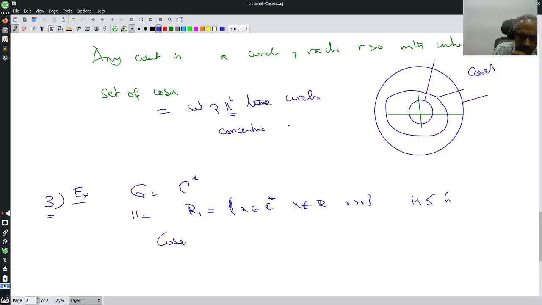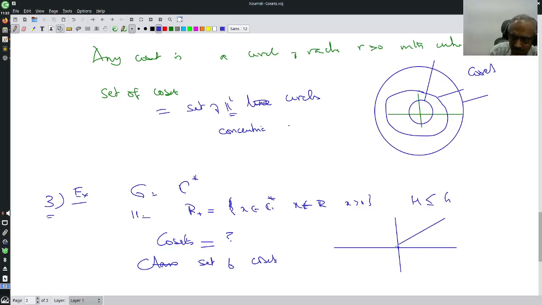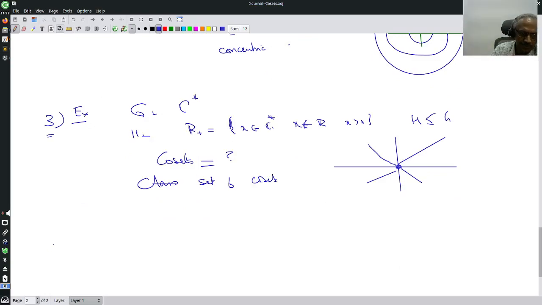Identify the cosets and then the class, or set, of cosets. You will again find what is meant by parallel here. Remember, this point is not there, so they will essentially be lines like this, semi-lines, but I leave it to you.